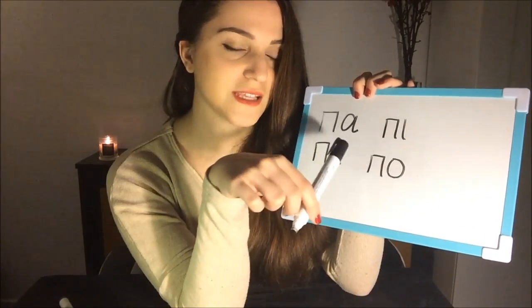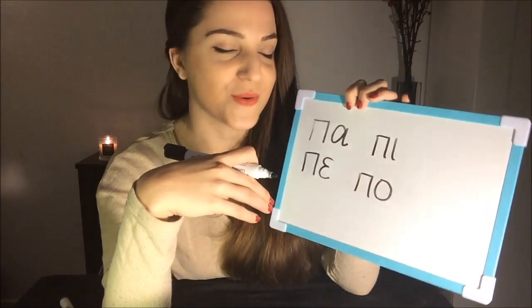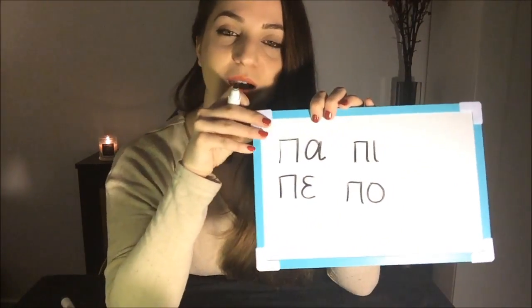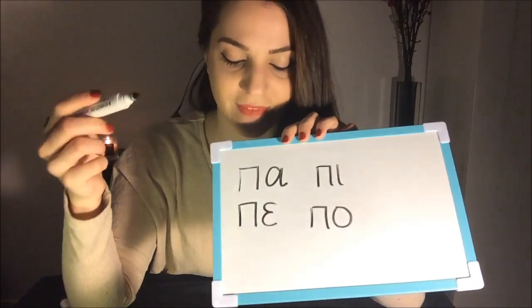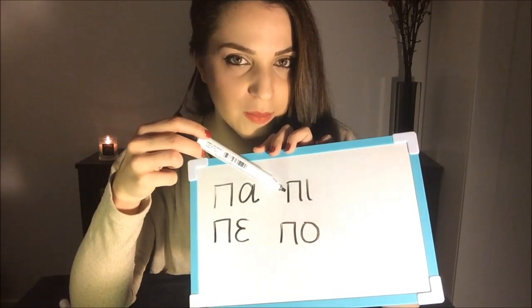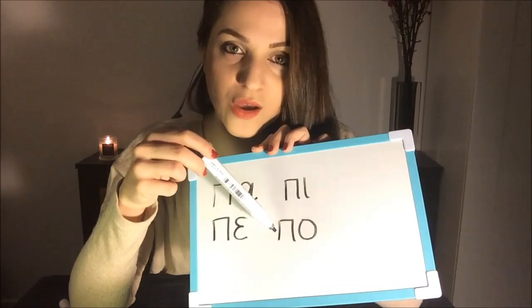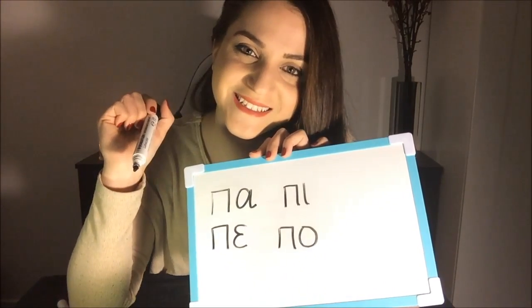They're not only these vowels in the Greek language, there are more. But I don't want to confuse you too much, so we're just going to focus on these four. Now, I would like you to try. Pa, pi, pe, po. Excellent. Good.